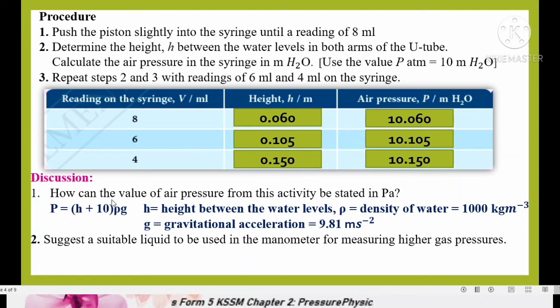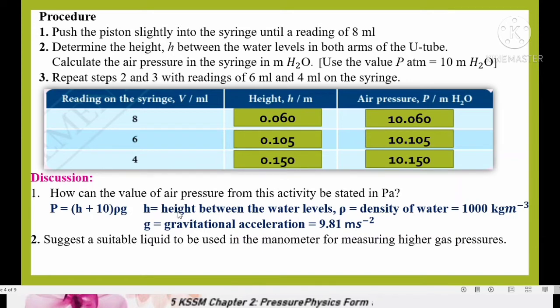The total pressure in meter of water equals the difference in level of colored water, or height h between the water levels, plus atmospheric pressure, which equals 10. Thus the formula becomes (h plus 10) multiplied by the density of water, because we use water, and g, 9.81.